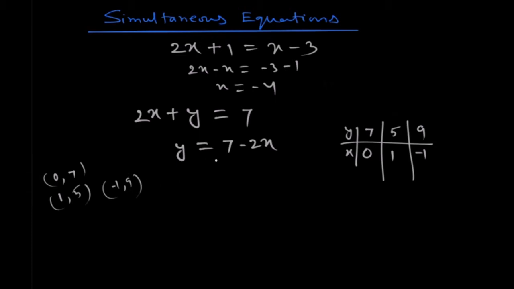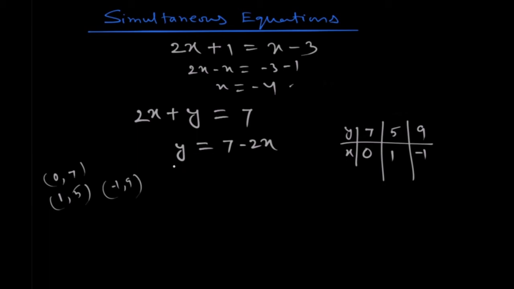But you can see that in the previous case there was a unique solution, and any other value of x did not satisfy the equation. But here you can say that there are many values of x and y; you can take any value of x, x equal to 2.5, minus 2.7, 3 point something, like this, and you will get the corresponding y.